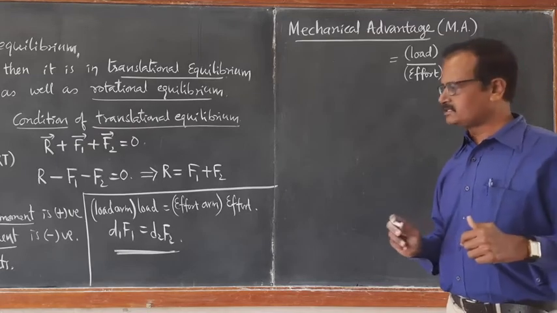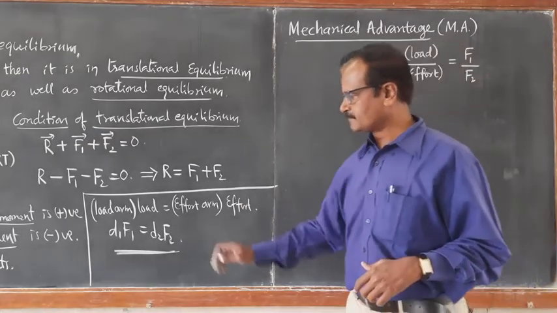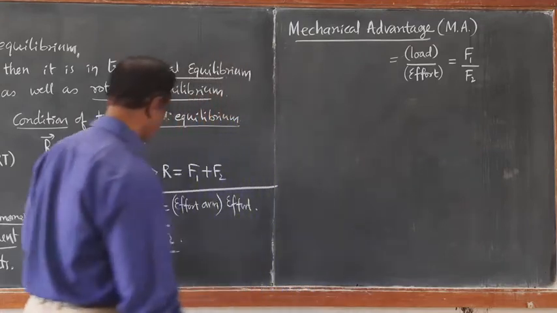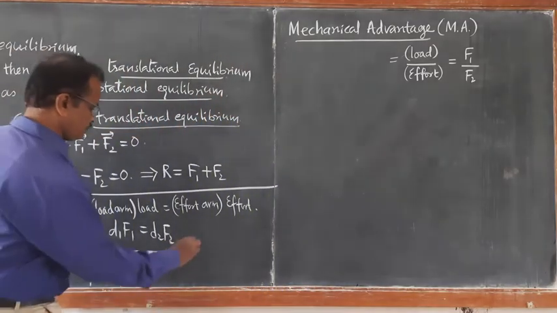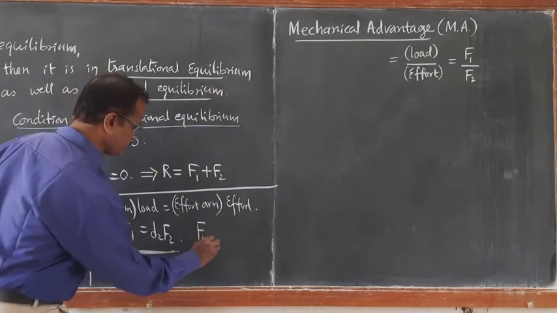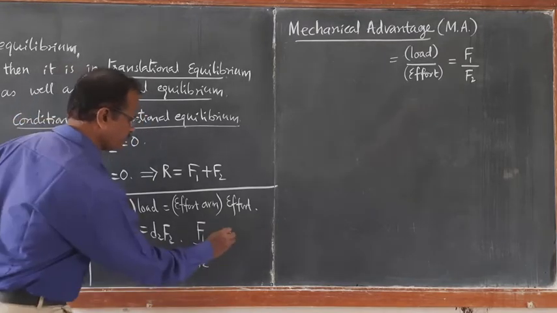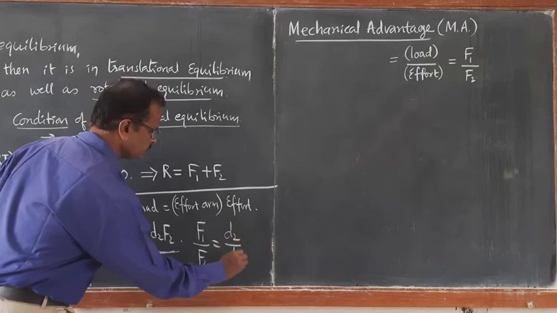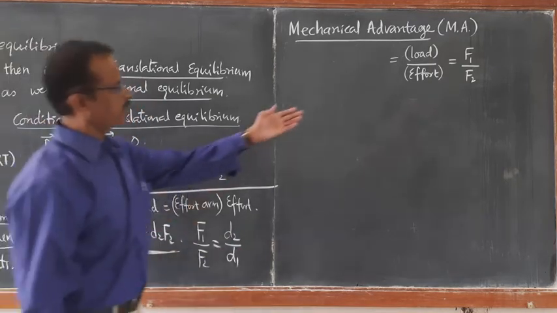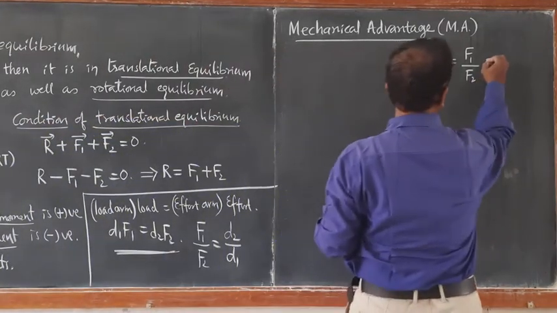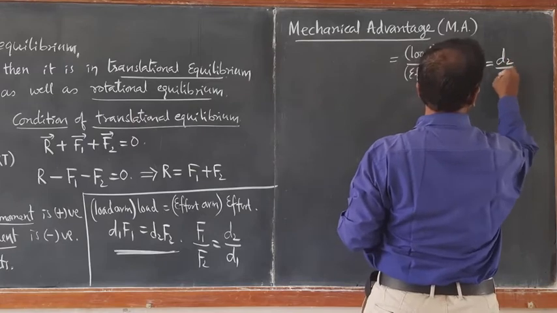How is it advantage? Look at from the equation. So from this equation F1 by F2 we want. So I can write F1 by F2 is equal to D2 by D1.